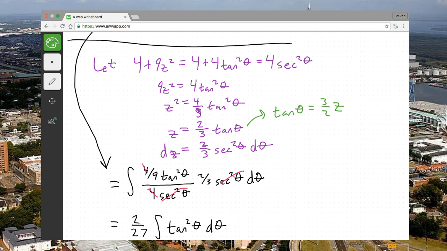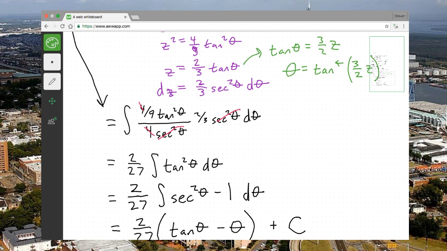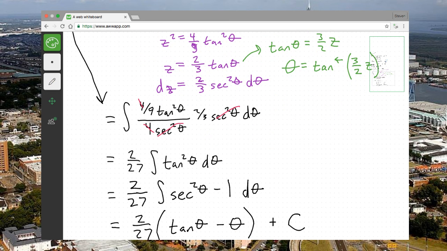Okay, what else can I do? Well, if I need to know what theta is itself, I can just take the inverse tangent, which I'll denote with a backwards arrow, although many people use a -1 for that same purpose. Inverse tangent of 3/2 z. So now I can make both of those replacements down here. Tangent of theta will get replaced with 3/2 z.